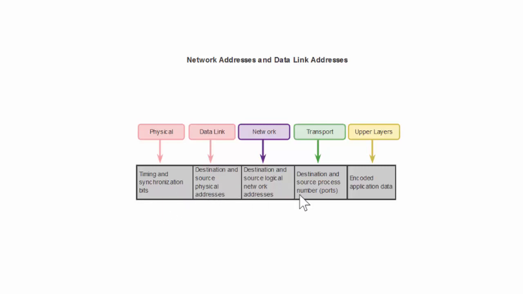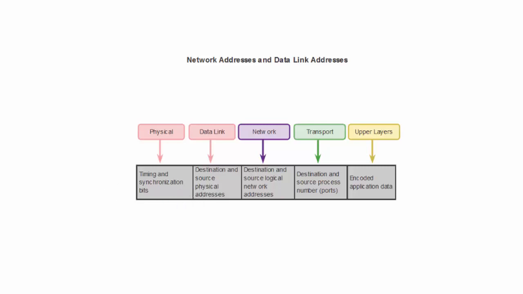So we have the application data itself, and then the transport layer uses a specific type of addressing called ports. In the network layer, we use a specific type of addressing called the IP address or the network address, and then in the data link layer, we use a specific type of address called the physical address.